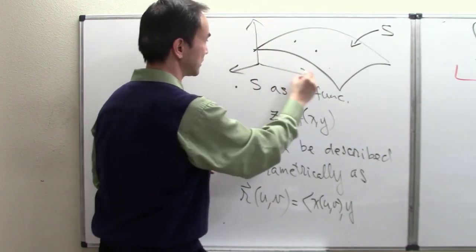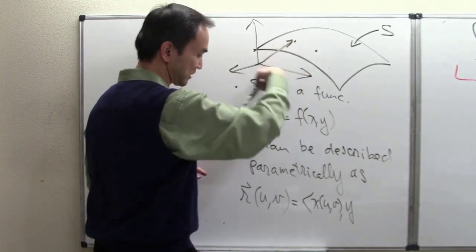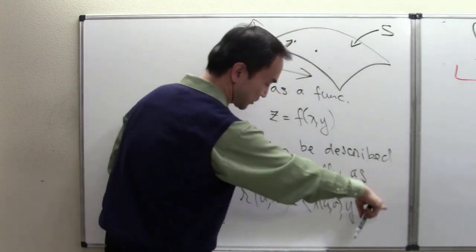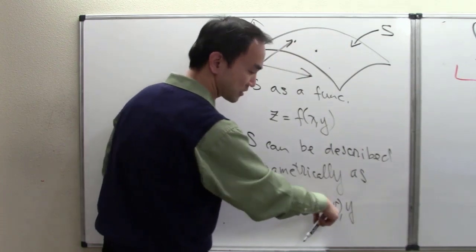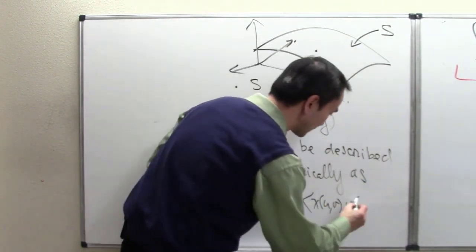Each point on the surface makes a vector with the origin, pointing out, and the x, y, z components of that vector depend on two parameters, u and v.